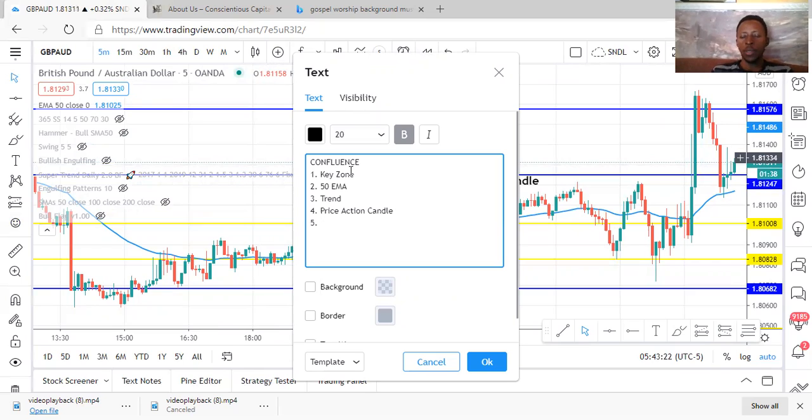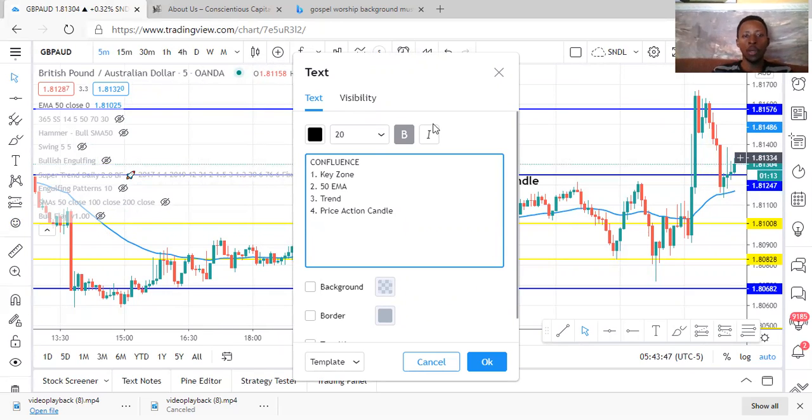Five, let me see if I can remember any other confluence. I know we have so many confluences. Confluences depend on the coach. I have so many confluences, but let's leave it at 4.